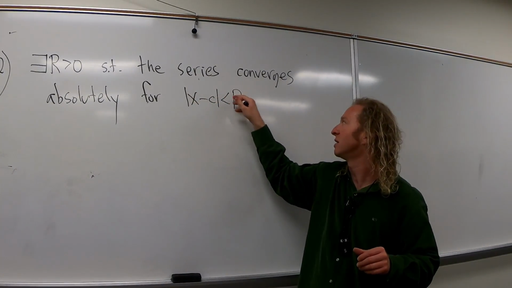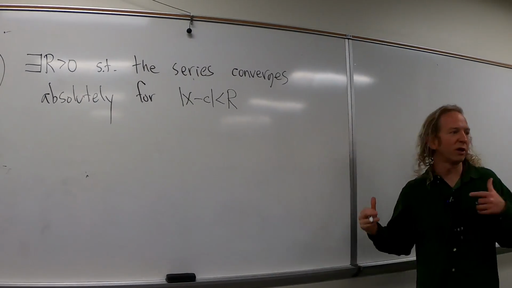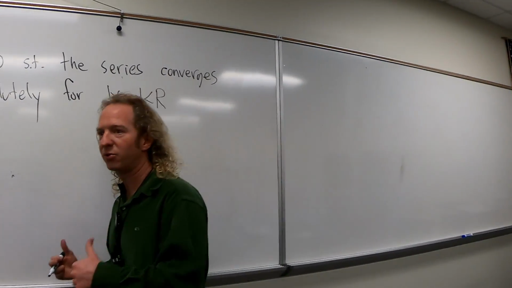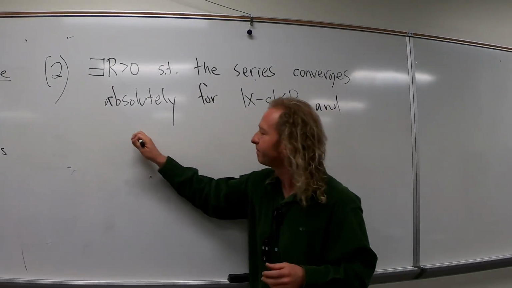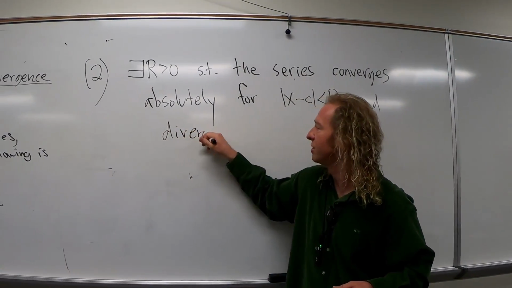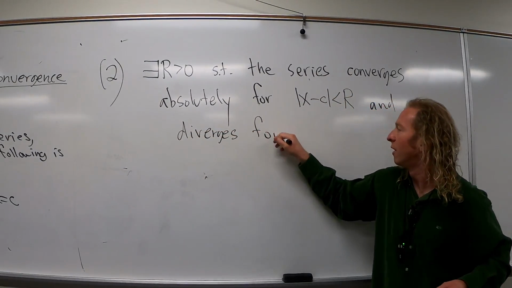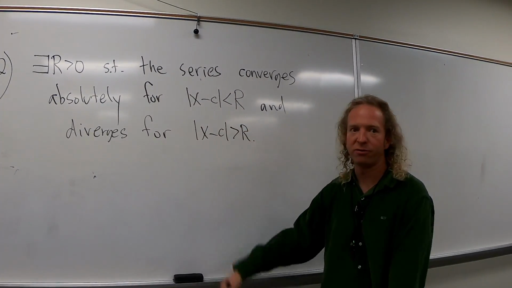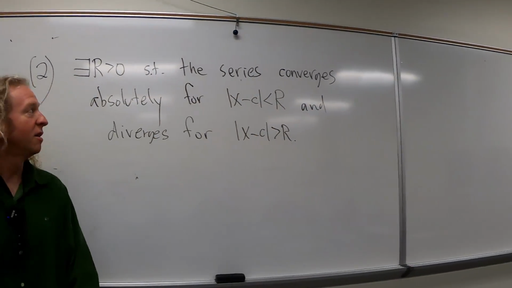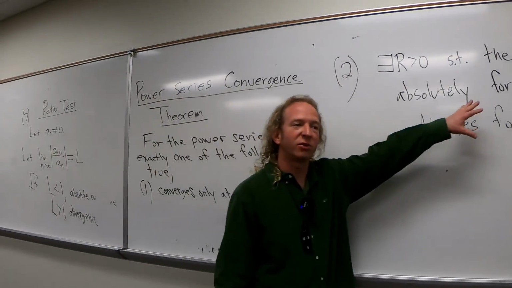So this might not make any sense. We're going to go through it because it's worth understanding what this means. And it diverges for absolute value of x minus c greater than r. Let me pause here and then we'll go through this. So it converges for this condition, whatever this means.